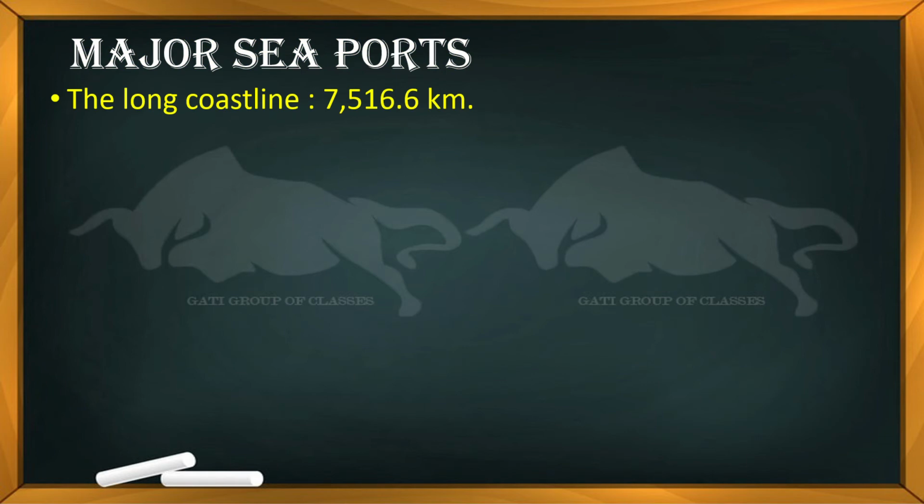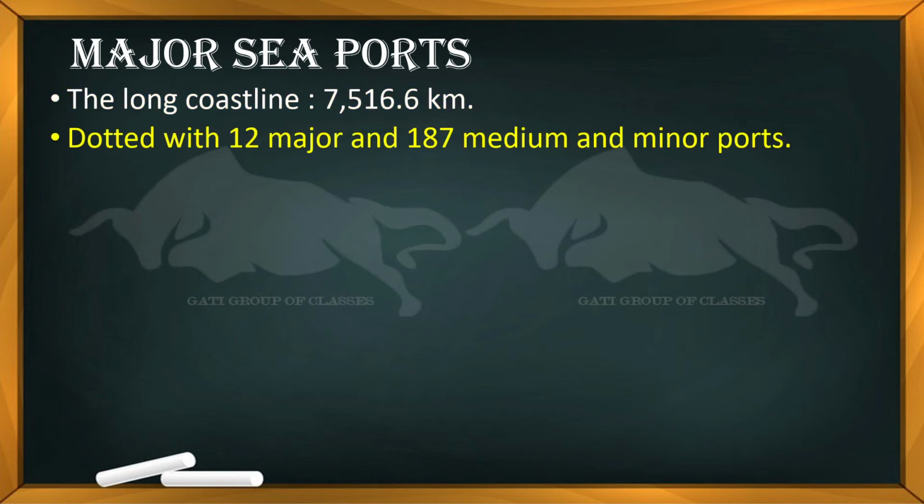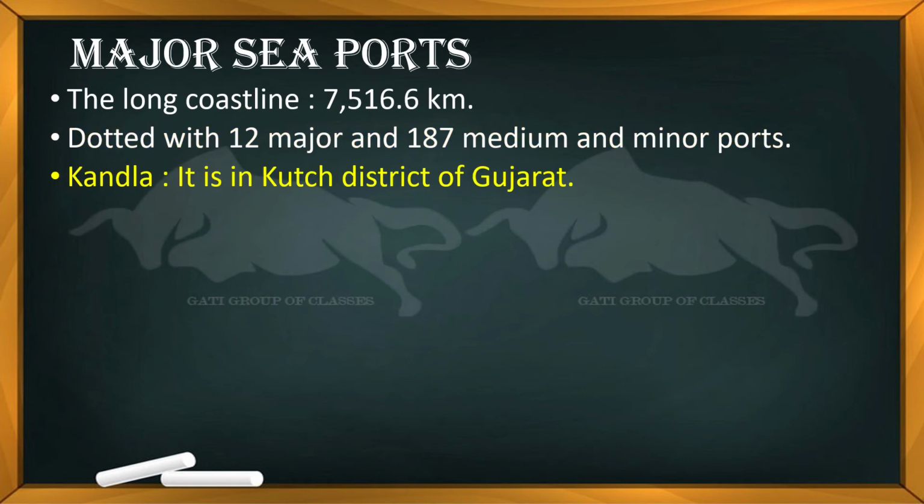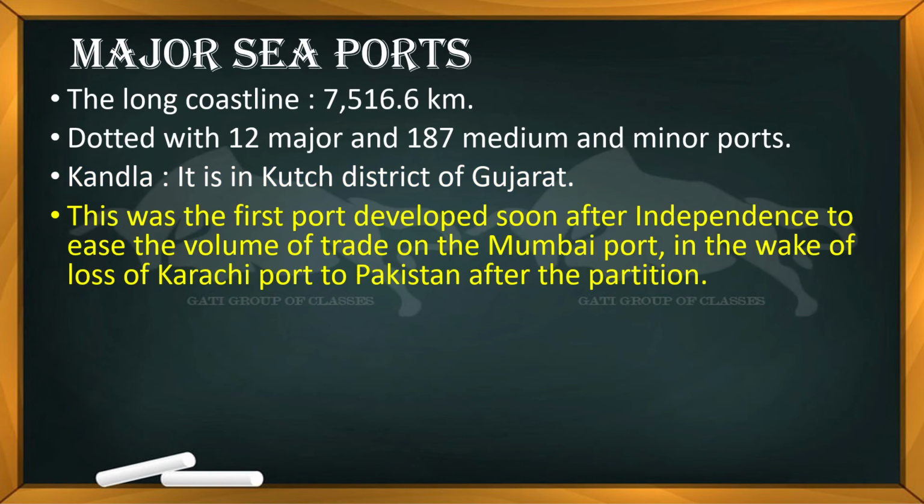So first of all, we have the long coastline that is 7,516.6 kilometers, and we have 12 major ports and 187 minor ports. So let's see about Kandla. It is in the Kutch district of Gujarat. This is the first port developed after independence because we lost Karachi port to Pakistan after the partition.